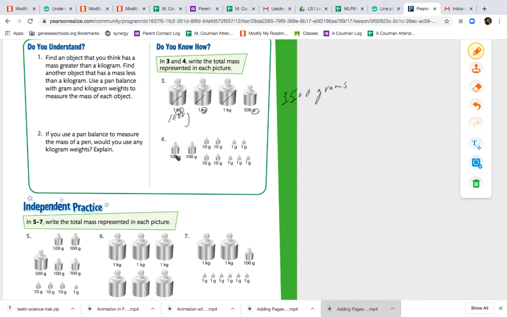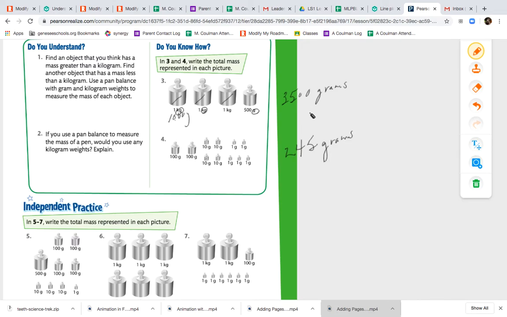Looking down here on number 4, 1, 200, 210, 220, 230, 240, 241, 42, 43, 44, 45, 245. Now you can see we're going to have to label it in grams.